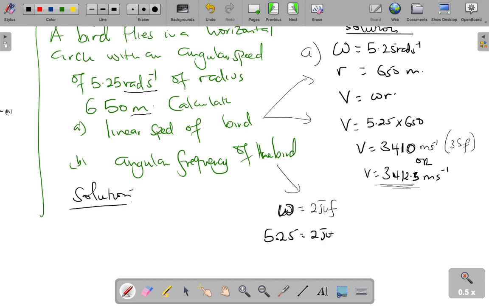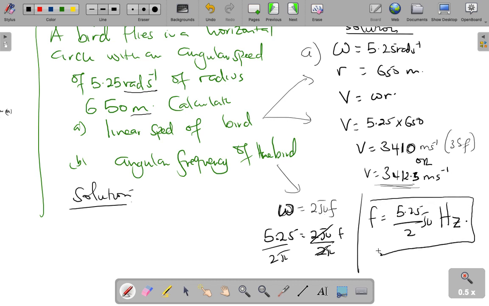So pi is a constant, so we can divide by 2 pi on both sides, and then f equals 5.25 over 2 pi, but remember we don't put rads here. This is the normal pi, 3.142. And then we can give it the unit of frequency as hertz. You can even leave your answer like this, it will always be marked correct. So this is part B.